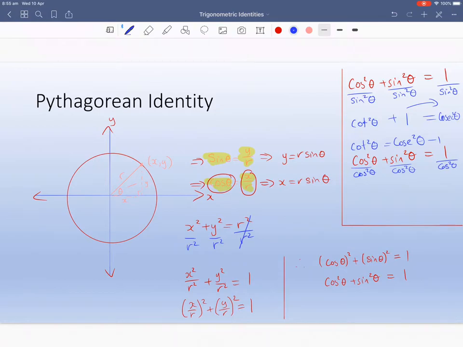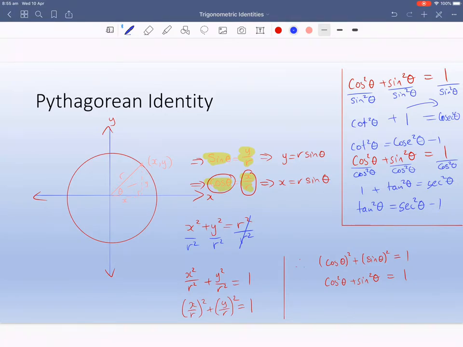And because of the same reason as above, we're going to get 1 plus sine over cos is tan, so tan squared theta. And then 1 over cos is sec squared theta. Okay? And likewise, I can keep going with it if I want to: tan squared theta is equal to sec squared theta minus 1.